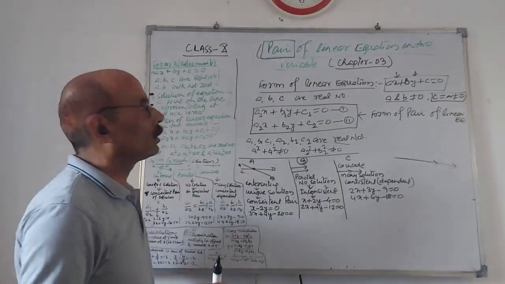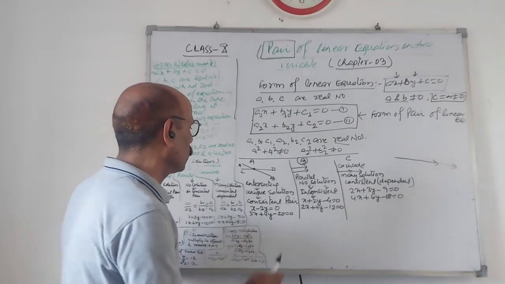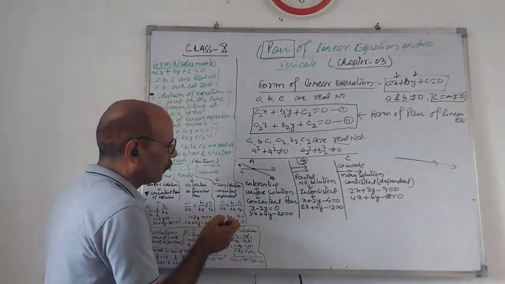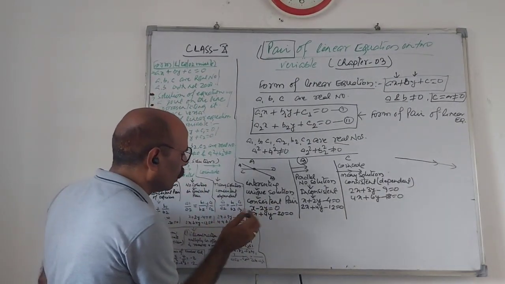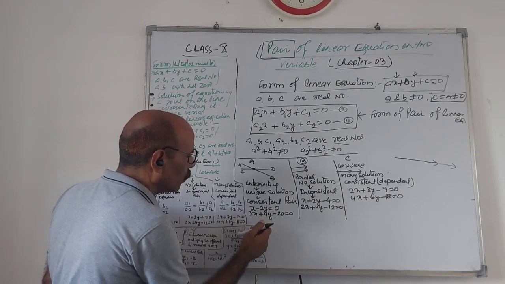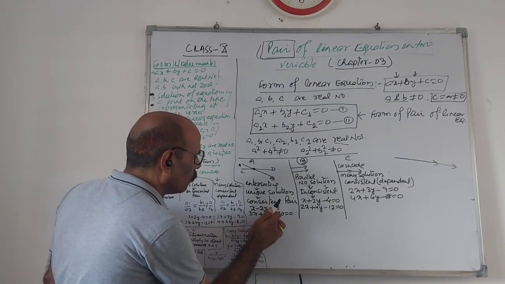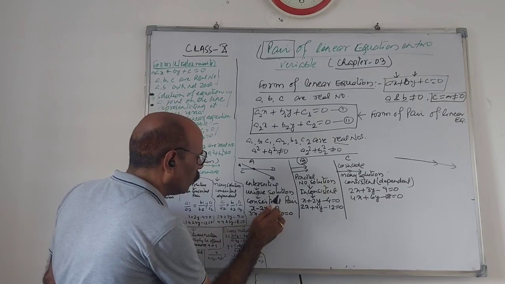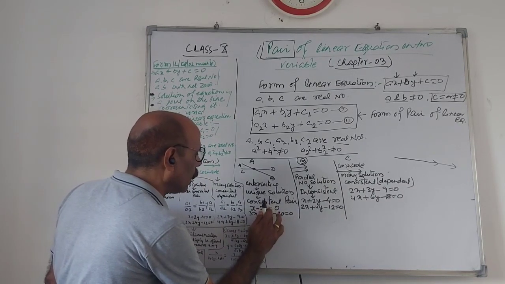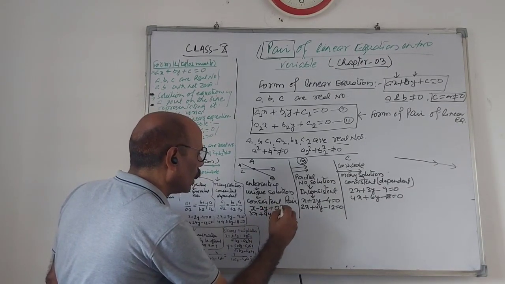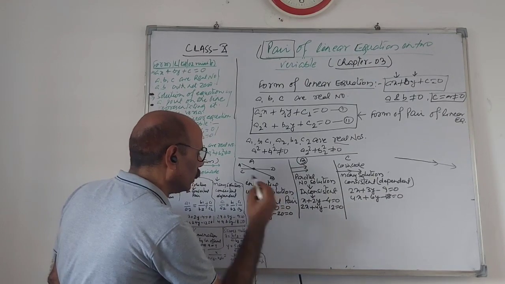Now watch this equation. Here see the coefficients of this equation. You can write the value of c as plus 0, and then 0 can also be written here.